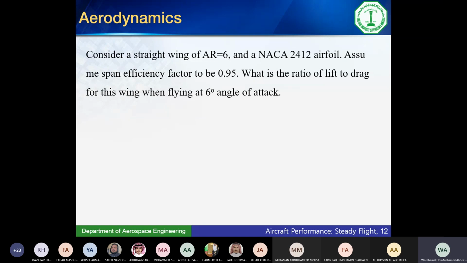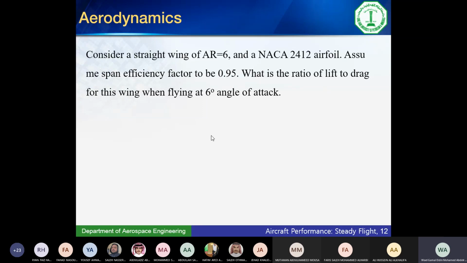Because you could save yourself some time by realizing that the 1/2 rho V squared term will cancel from the lift and from the drag. The S, which is the area, will cancel too. That means when we ask what's the ratio of lift to drag, that means what's CL over CD, just the coefficients.